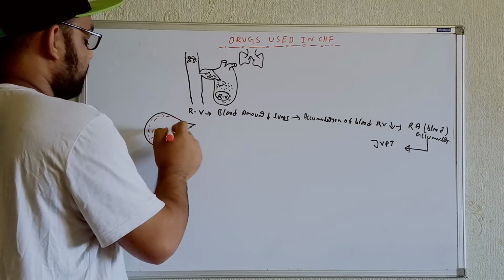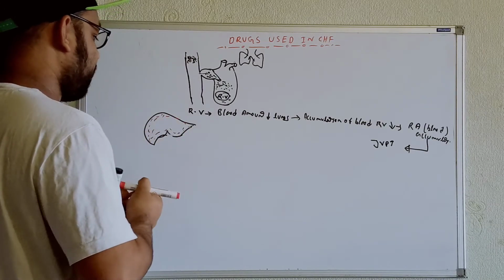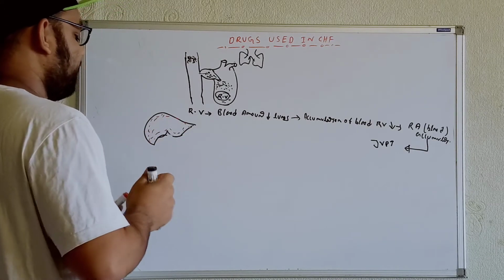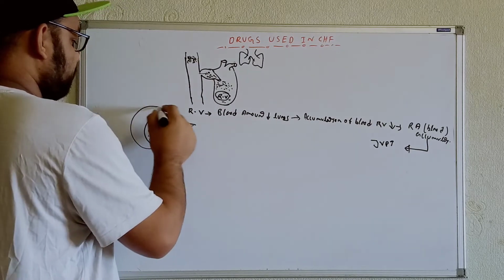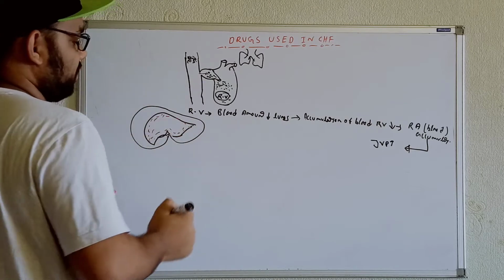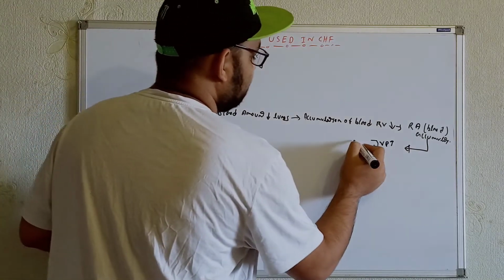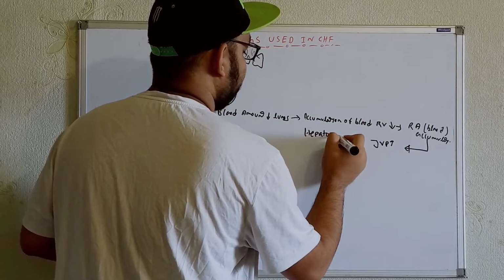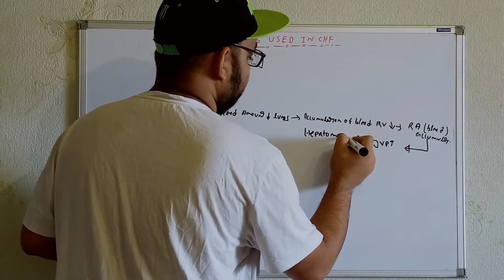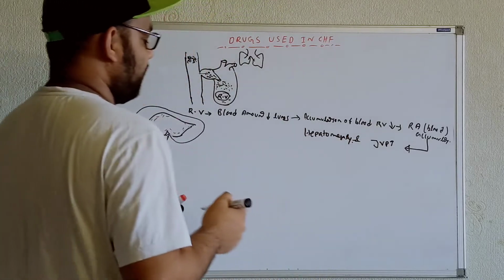As a result, we will see the chances of having hepatomegaly. The size of the liver will get increased. Okay. So we get another thing over here. What? Hepatomegaly. This is another thing we're getting over here.